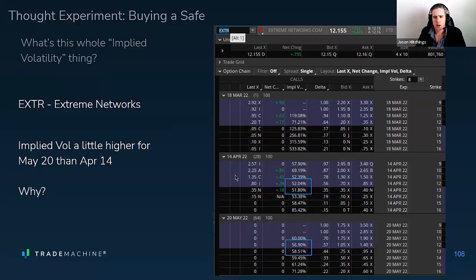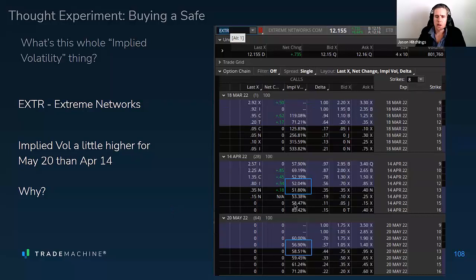But if you even factor that out and then you look at the 14 April or the 20 May calls, you see there's a little difference. The 14 April implied volatility, the amount of movement that the market is guessing the stock is going to make, looks different between now and April than it does between now and May. And they're just using the option prices to figure these numbers out.